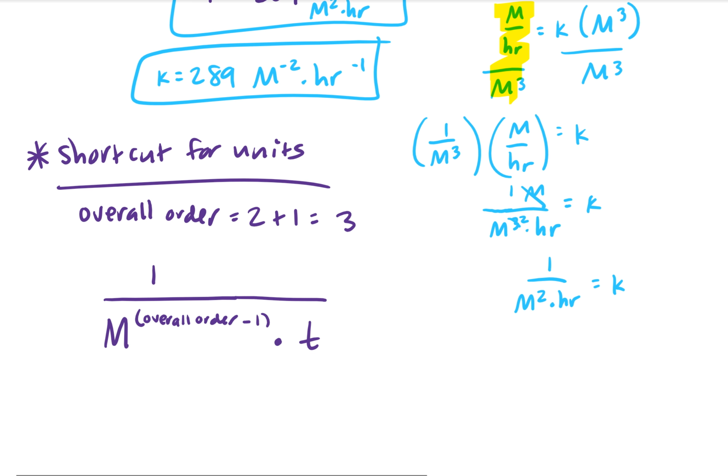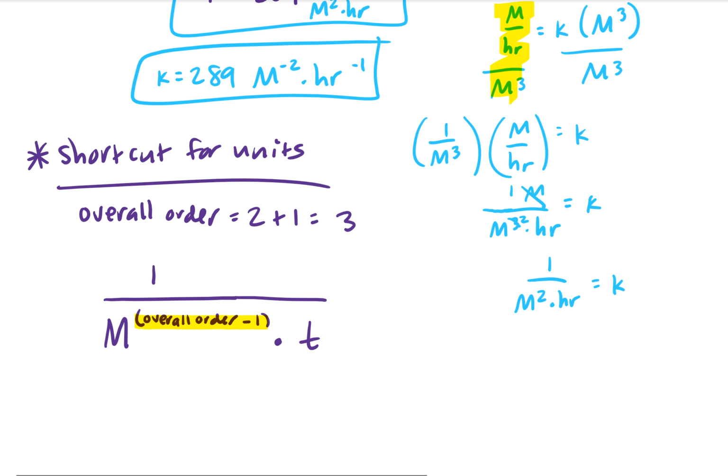In this case it's hours, sometimes it's seconds, sometimes minutes, sometimes days, whatever the unit for time happens to be. So your unit for k will always be 1 divided by a capital M for molarity, and the exponent on molarity is always the overall order minus 1.